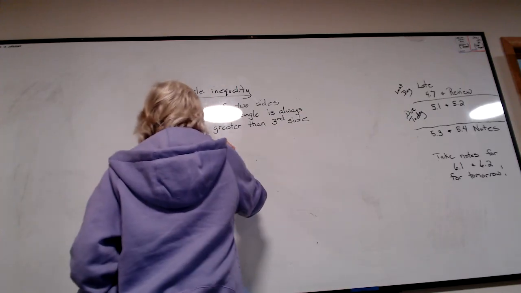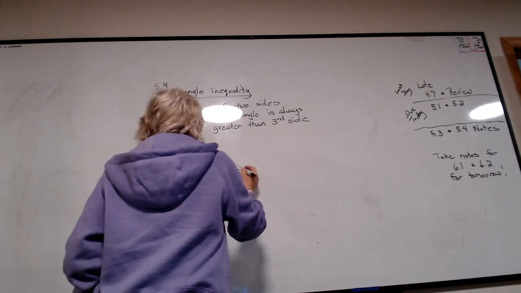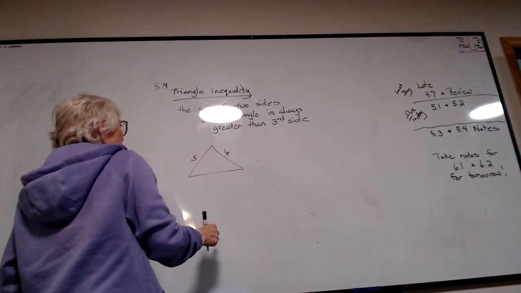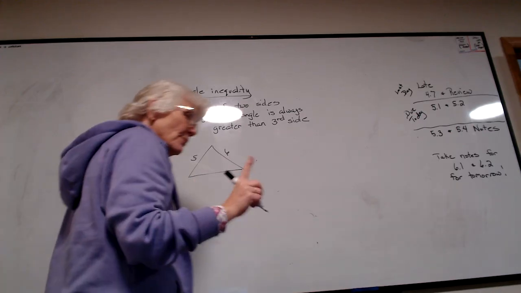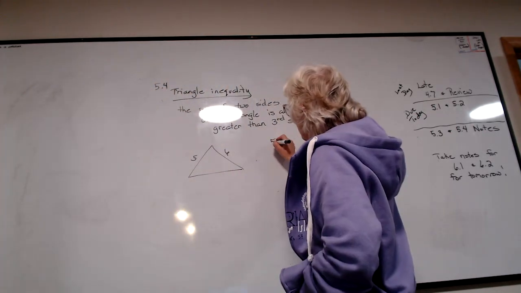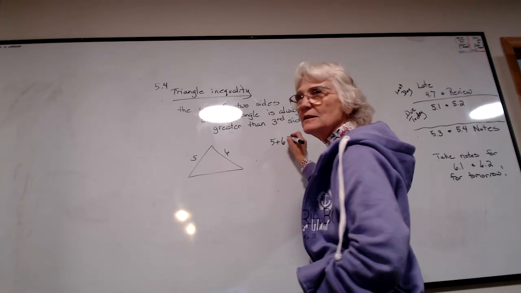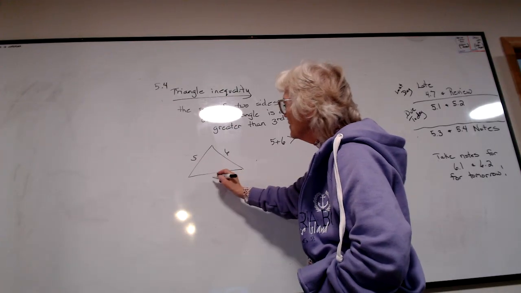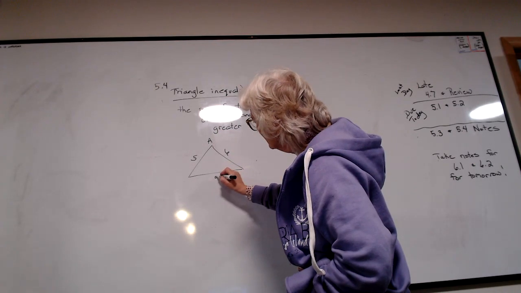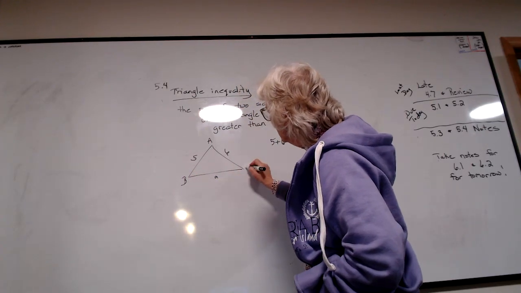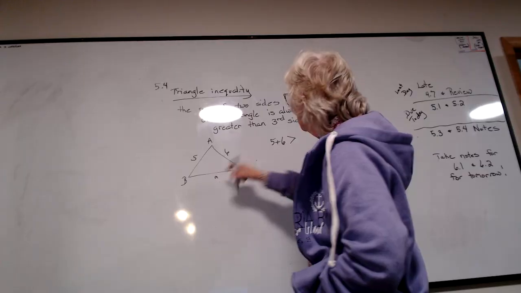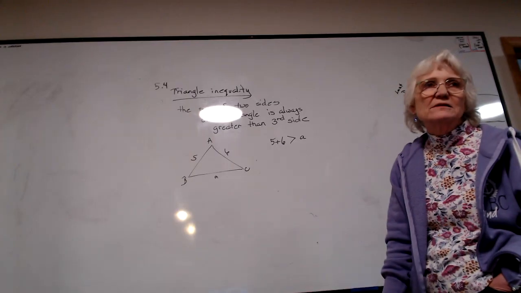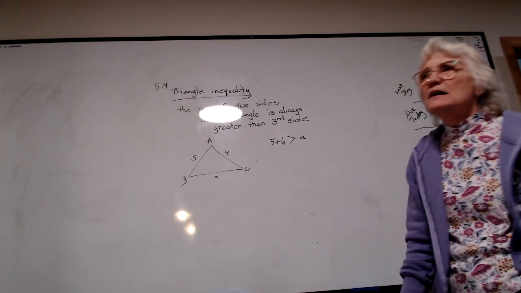So if we're looking here, I'm going to say that this is 5, this is 6, and I don't know what this is. 5 plus 6 is always going to be greater than this side. We'll call this A. So 5 and 6 will always be greater than A, the opposite or third side.